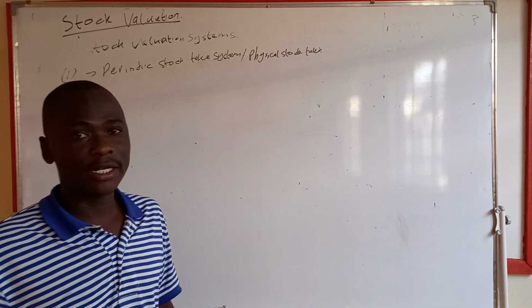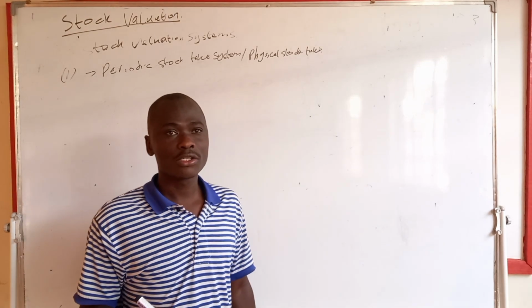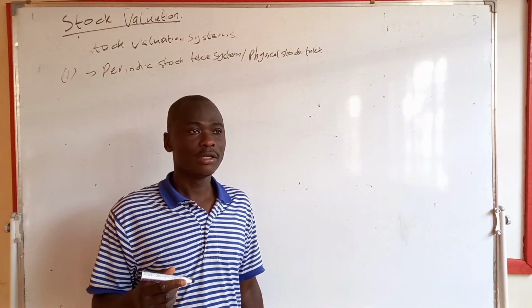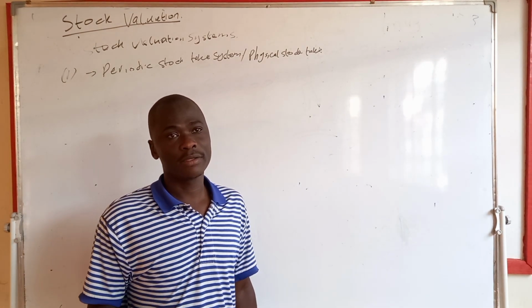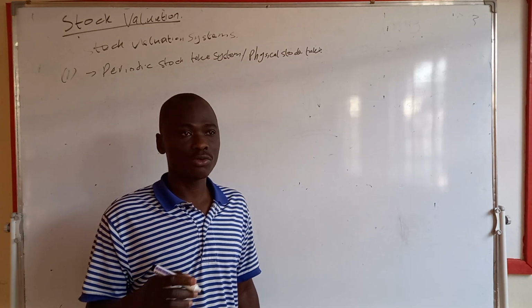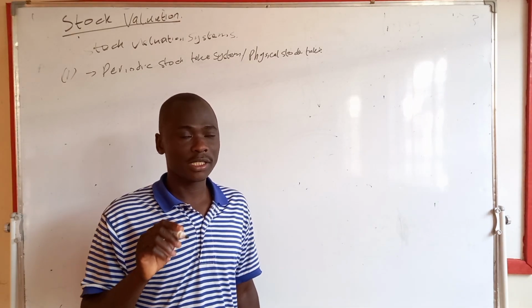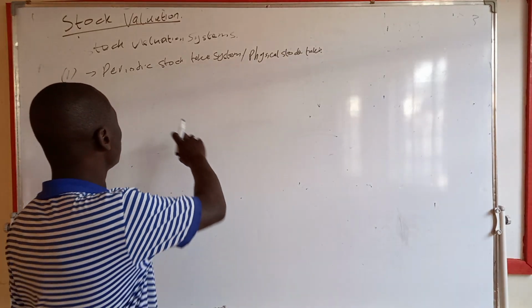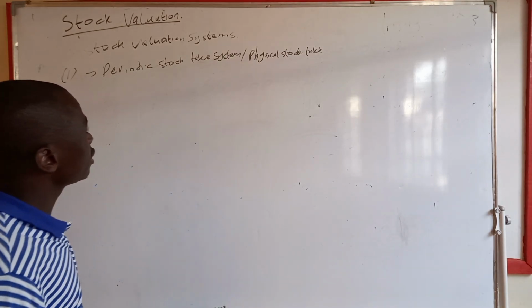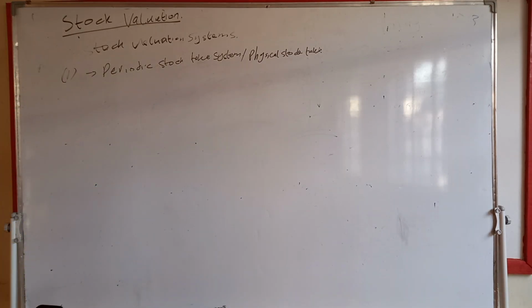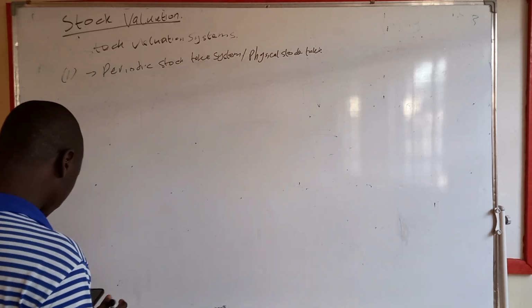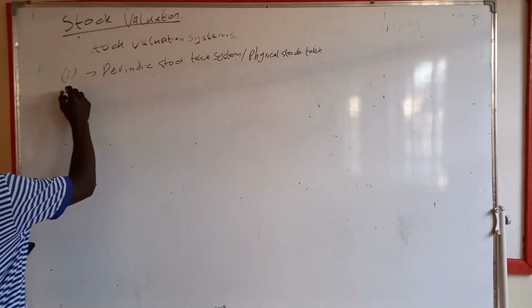Let's say you have decided that you are going to count your stocks at the end of every month. So at the end of every month, you go with your team to the store and count your stocks physically. That's what we call the periodic stock take system.